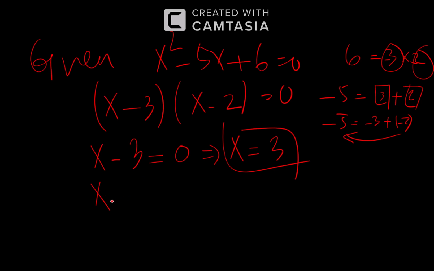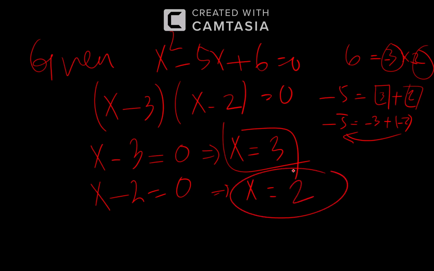And the factor x minus 2 equal to 0 gives x equal to 2. So our equation has two roots. The first root is 3 and the second root is 2. It's very easy.